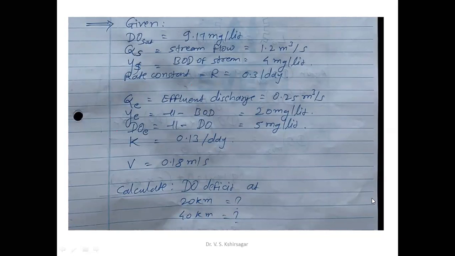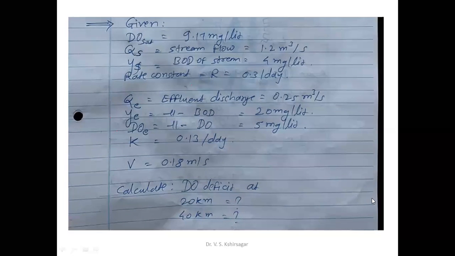Then the rate constant R, that is the reoxygenation rate constant, is 0.3 per day, and the discharge of effluent is 0.25 meter cube per second. Then YE, the BOD of effluent, is 20 milligram per liter.